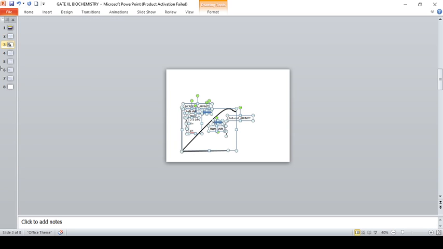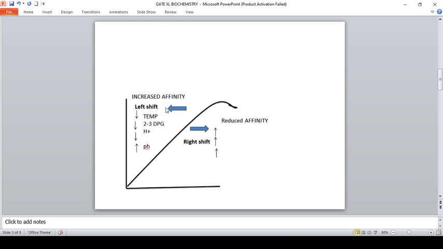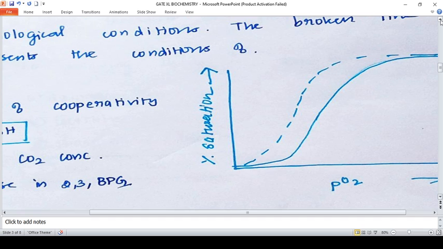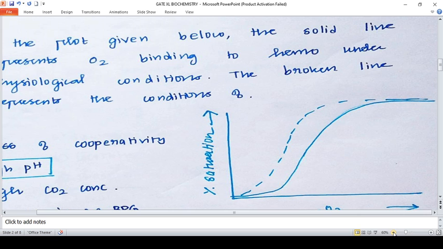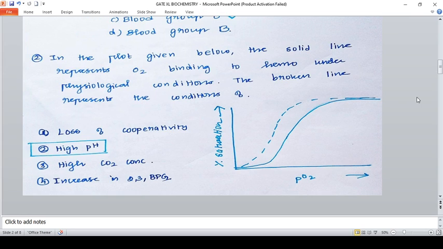Left shift means increased affinity to oxygen. Right shift means reduced oxygen affinity. Decreased temperature, decreased 2,3-bisphosphoglycerate, decrease in hydrogen ion concentration and increase in pH will lead to left shift. So high pH will lead to this left shift.